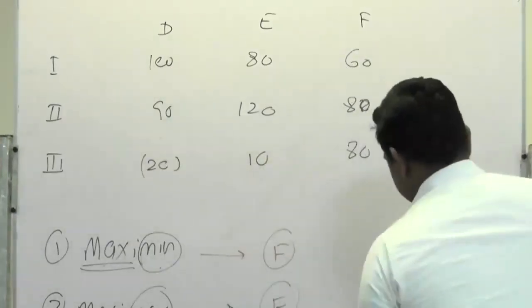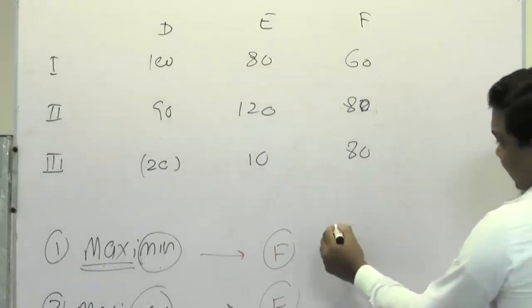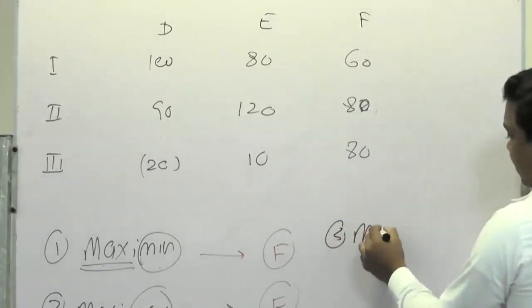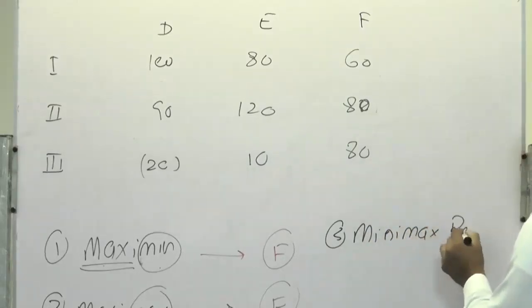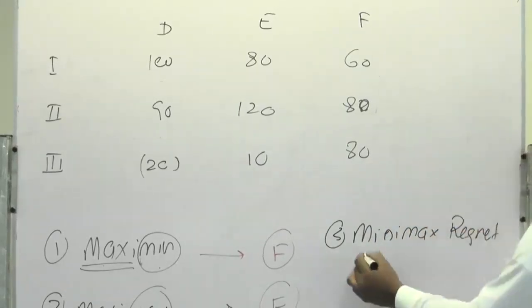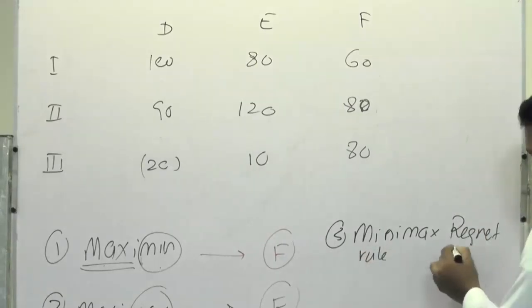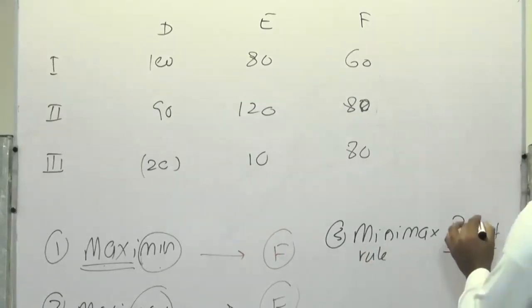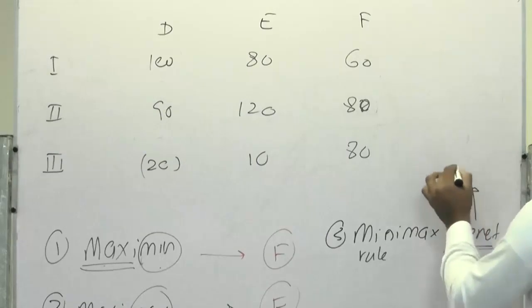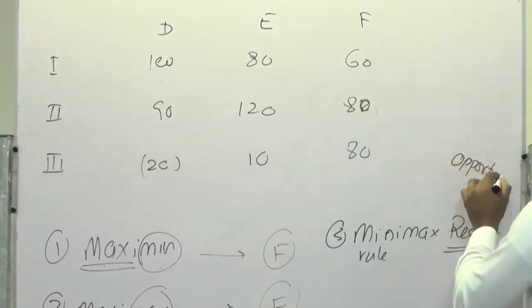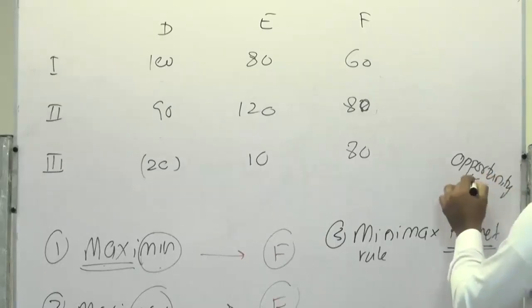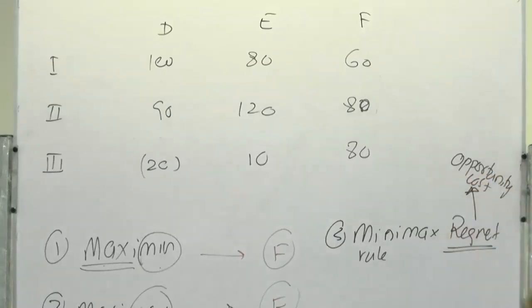The third technique is a little bit different. Minimax regret rule. What is regret? Actually, regret is the opportunity cost. This is the opportunity cost, right?